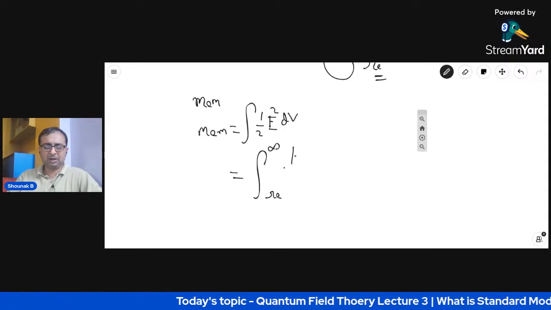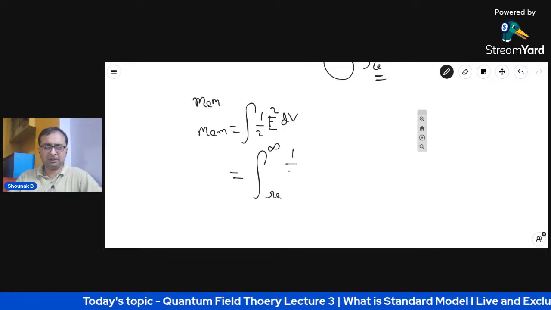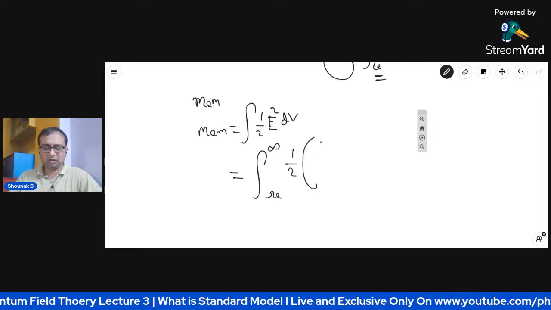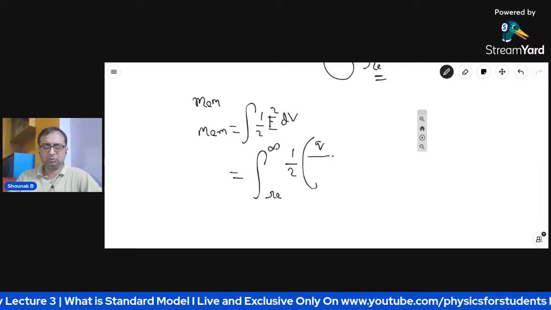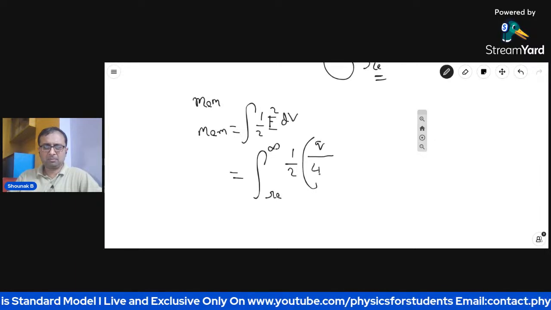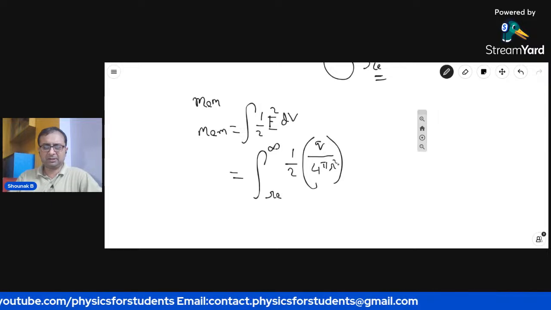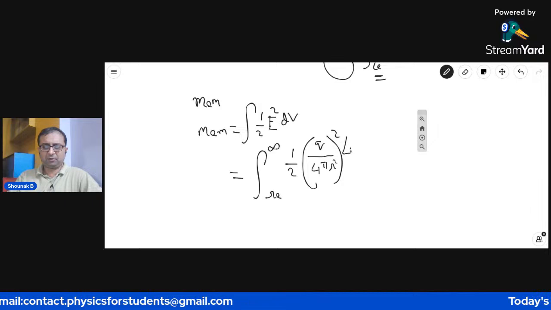And this would be how much? I will take Coulomb's law. So it would be 1/2 of Q by 4 pi r squared, and I would square it, followed by 4 pi r squared dr. I hope you can understand the derivation.